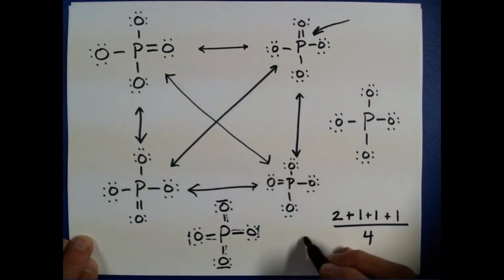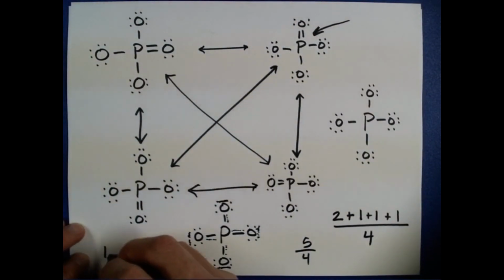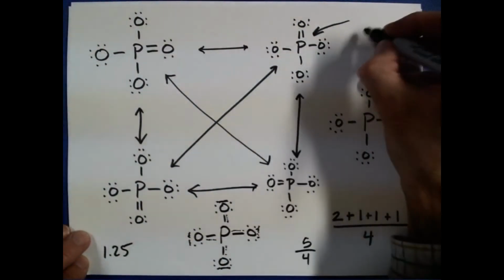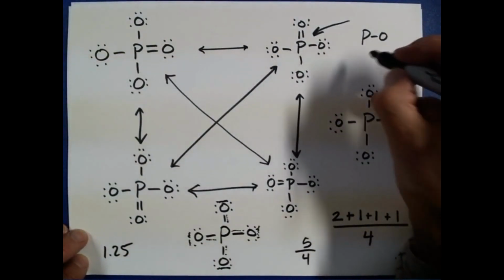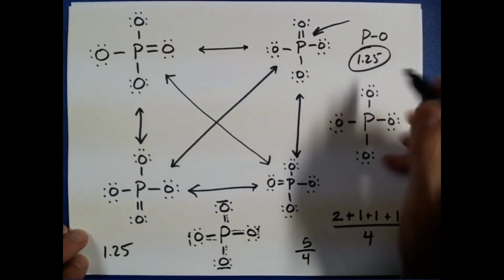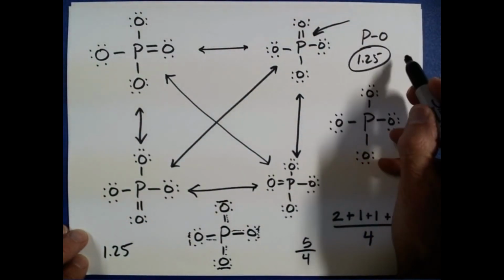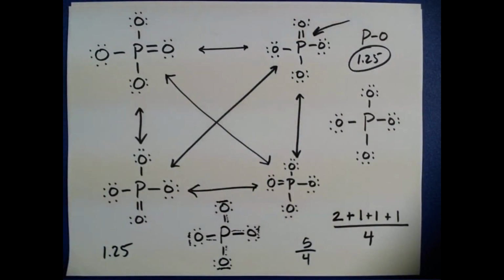That's 5 over 4, which is 1 1/4, which is 1.25. So we'd say the phosphorus-oxygen bond in phosphate has a bond order of about 1 1/4. So it's a little closer to a single bond than a double bond, but it's a little bit of a stronger bond than a single bond would indicate.